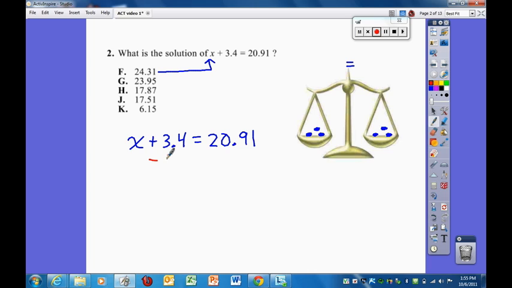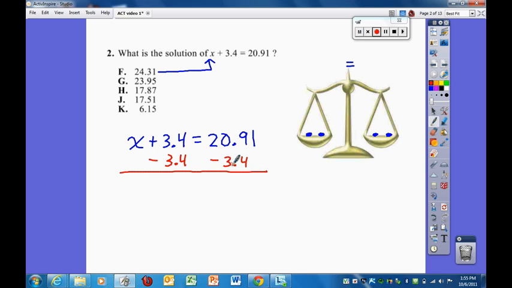So why don't I subtract away 3.4 so that it will now be equal to 0? But hold on just a second. If I subtracted away 3.4 over here, I just took something off of the side of the scale here. It's not going to be balanced anymore. So I better do it to the other side just so we keep it balanced. Okay, and that's the key concept there. We need to subtract away 3.4 on this side also.